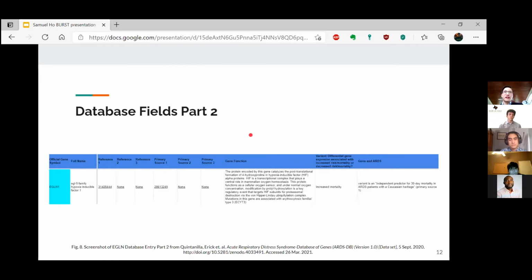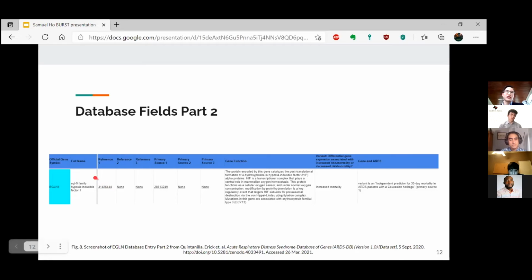Now, moving on to the second part, we have the references and the primary sources. The references referred particularly to the review papers that we found that would mention the gene. In this case, we have the PubMed ID with its external link so that researchers could then see where we found the information that pertained to the gene.